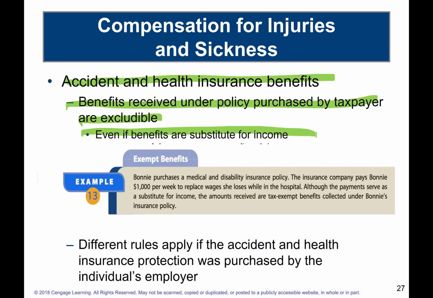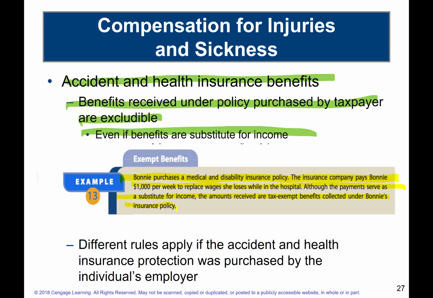Okay, so let's just take a look at this example here with Bonnie. She purchases a medical and disability insurance policy. The insurance company pays Bonnie $1,000 a week to replace wages she lost while in the hospital. Even though it's a substitute for income, she doesn't have to pay taxes on what she collected under that insurance policy.